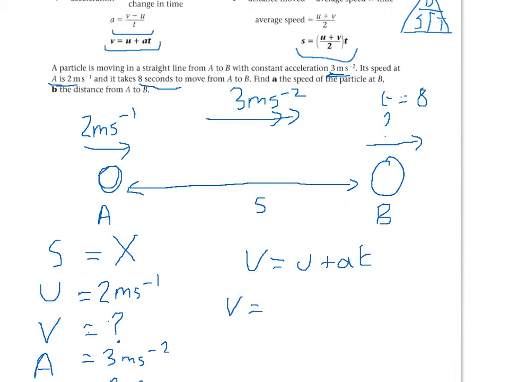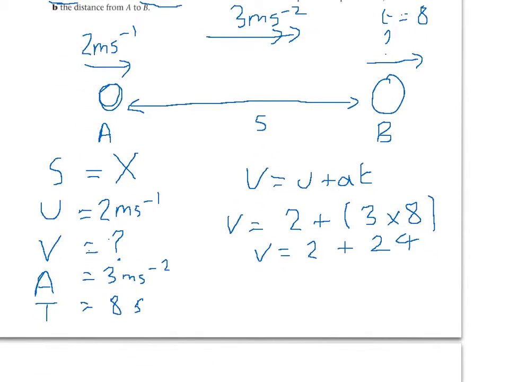V, that's what we're trying to find, is equal to 2 plus our acceleration, which is 3 times 8. 3 times 8 is 24, so 2 plus 24. So our new velocity is equal to 26 meters per second.